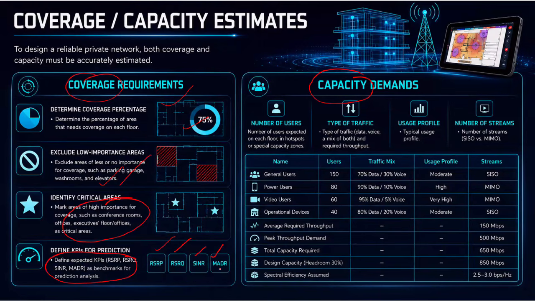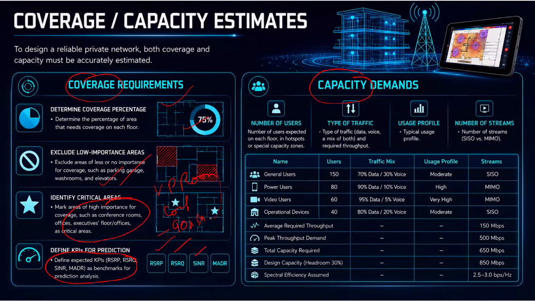For example, if a customer requires a certain minimum RSRP in the critical coverage area, our design needs to demonstrate that we can achieve that target. For example, for the VP room, the vice president room, or other executive room, or the conference room, our requirement is minus 90 dBm for 100% of the room. So we have to show that this coverage is met.